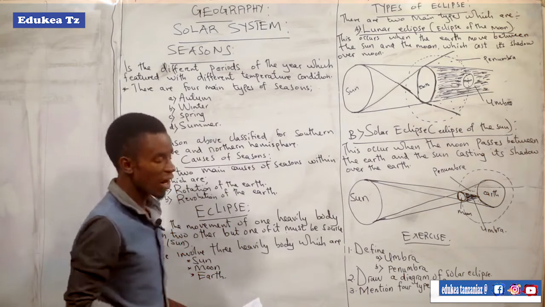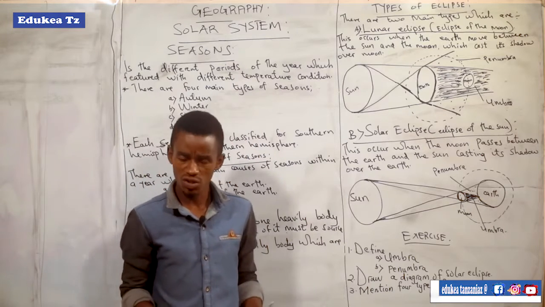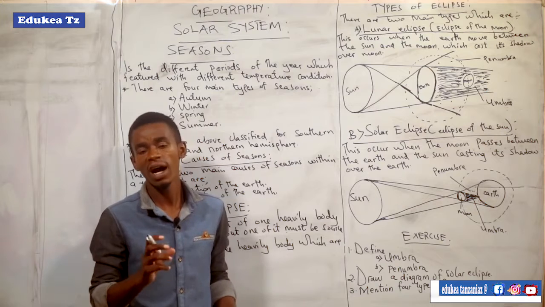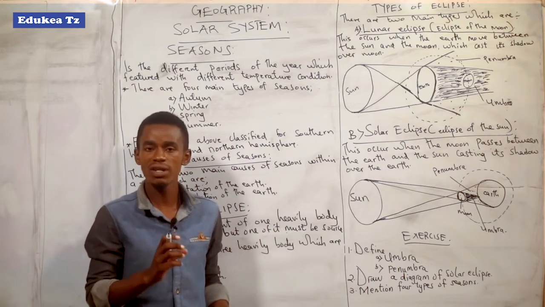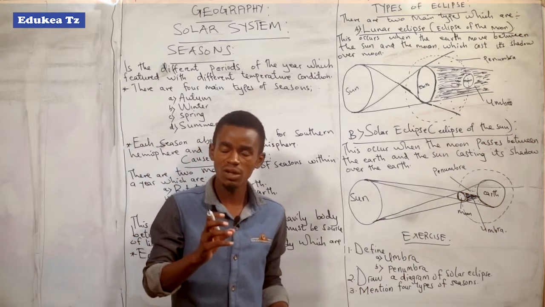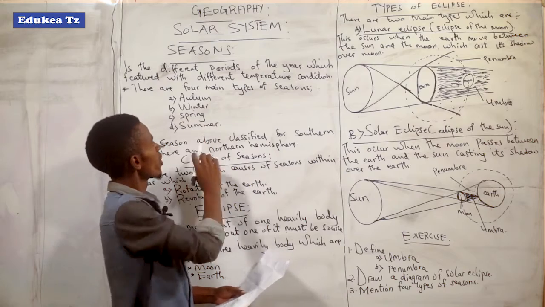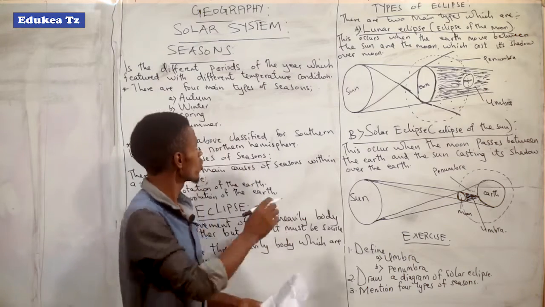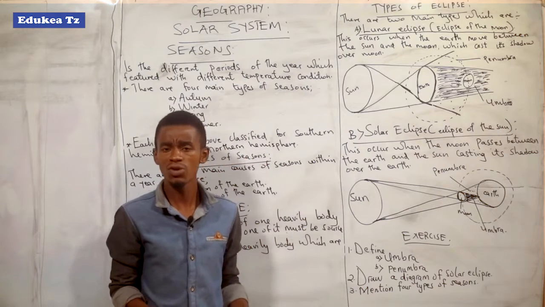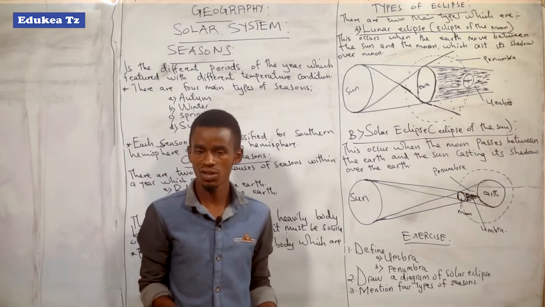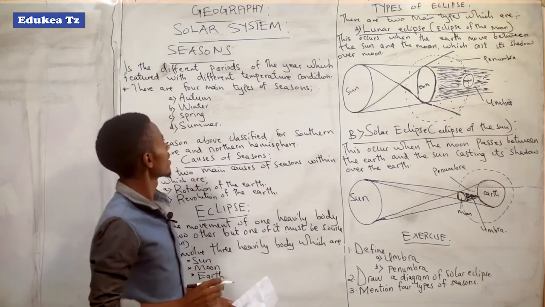Autumn is characterized by high winds and is sometimes similar to winter. Winter is the period where there is high cold or high winds.